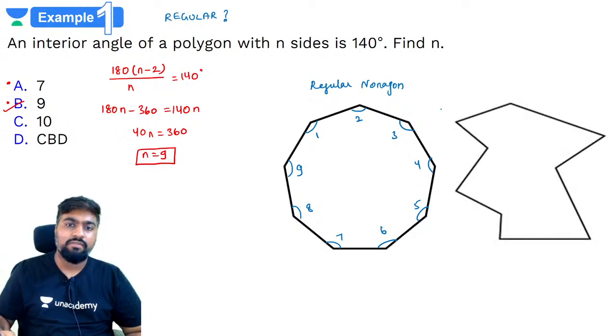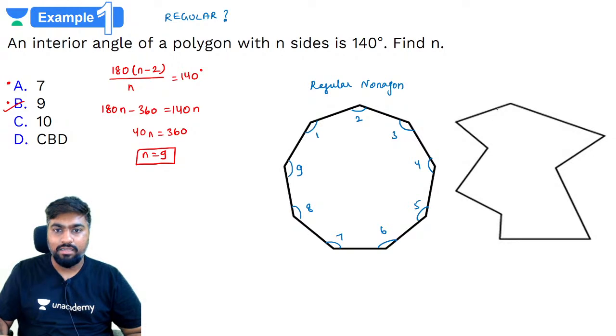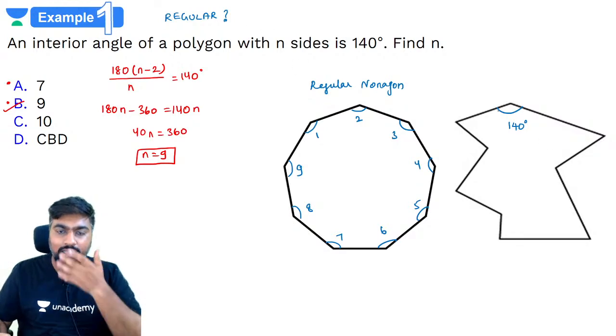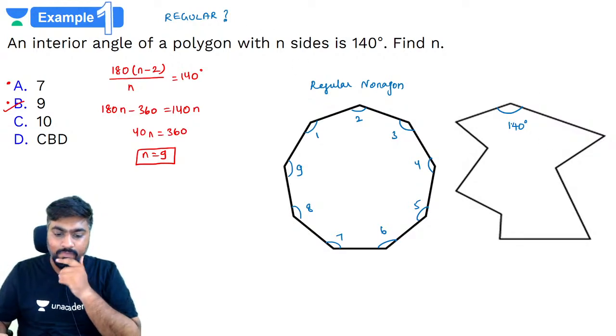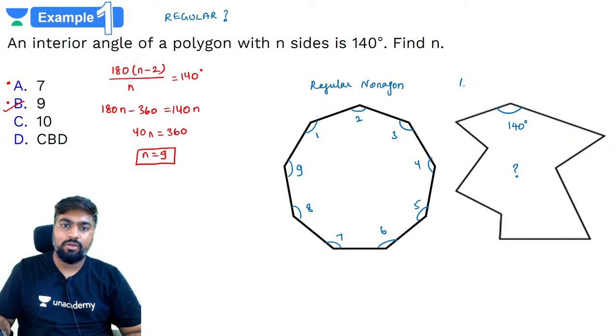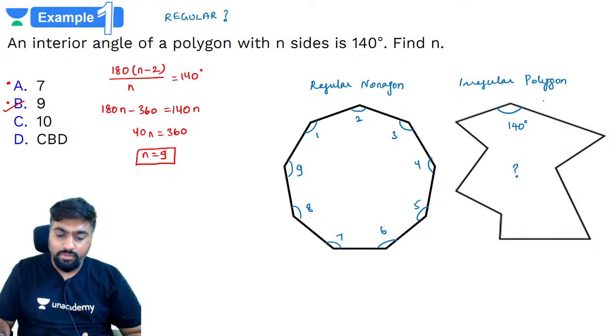We could also have a shape like this, and we could say this angle is 140. It only says an interior angle of a polygon with n sides is 140. Here, do you know how many sides it would have? If it's a shape like this, an irregular polygon, will you be able to guess the sides?